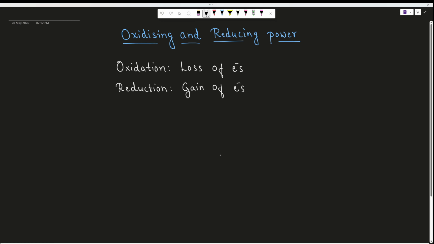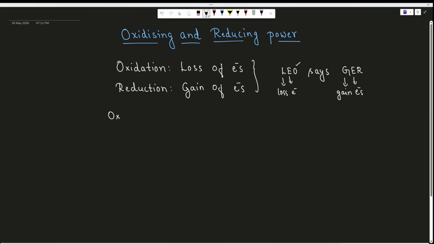You can remember this in a simple way, with a mnemonic: LEO says GER. That means loss of electrons is oxidation, and gain of electrons is reduction. So this is the way to remember.